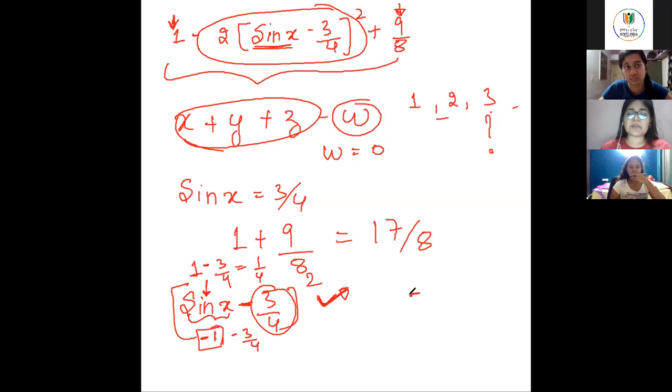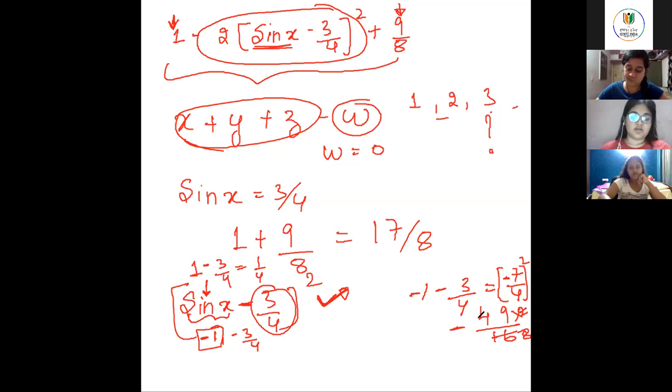If I take it minus 1 and I do minus 3 by 4, what's the answer I'm getting here? Minus 7 by 4. If I whole square it, it becomes 49 by 16. Multiplied by 2 becomes 49 by 8, and that too in negative. That gives me the least value for the whole function.